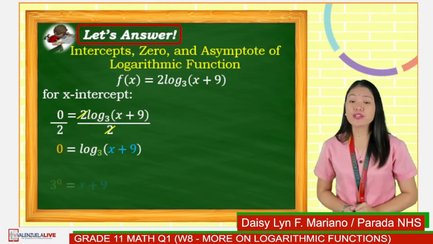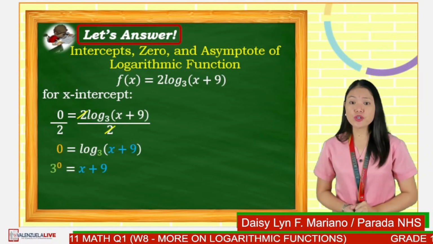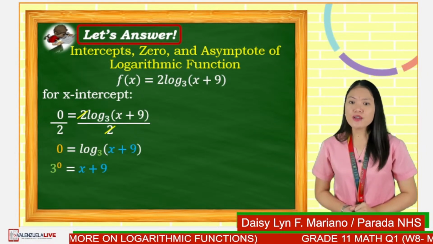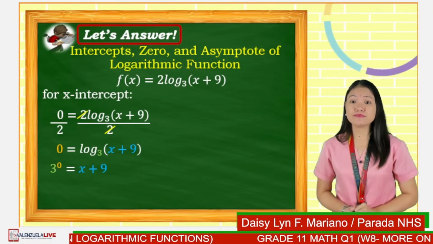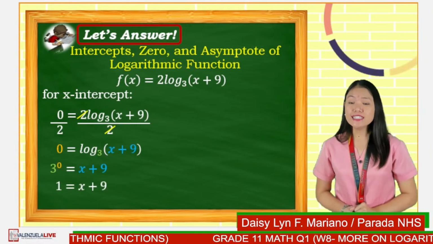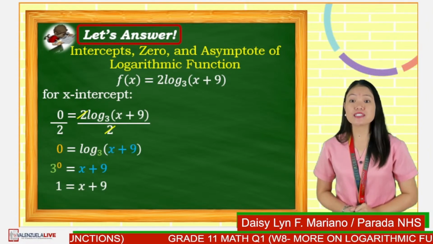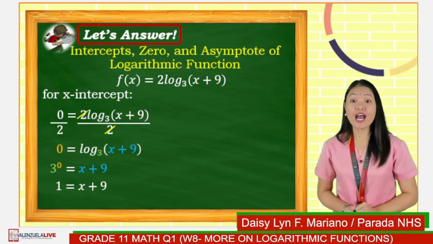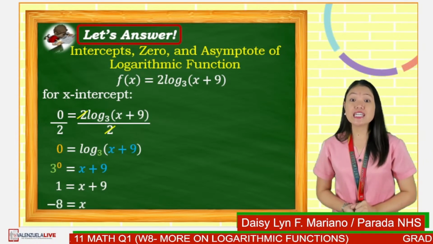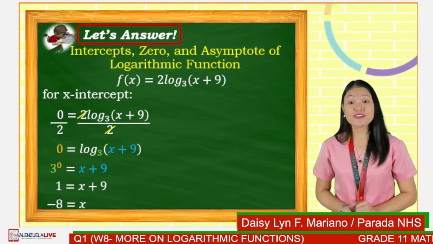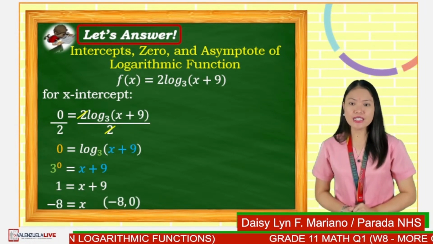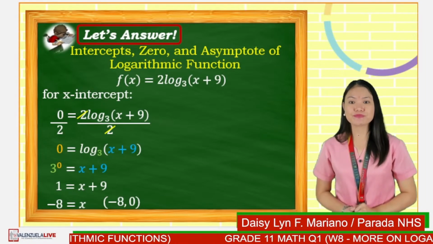We have 3 raised to 0 is equal to x plus 9. 3 raised to 0 is 1. So, 1 is equal to x plus 9. Subtract both sides by 9. We have negative 8 is equal to x. Thus, the graph will pass through the point negative 8, 0.